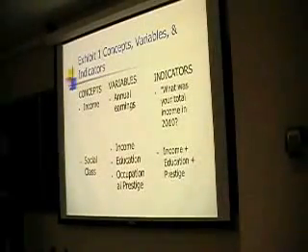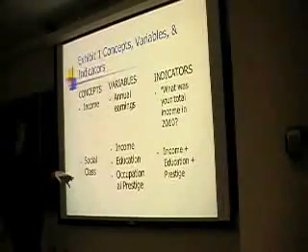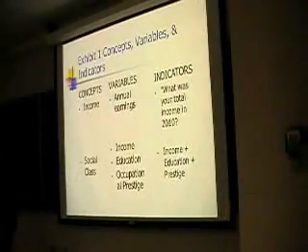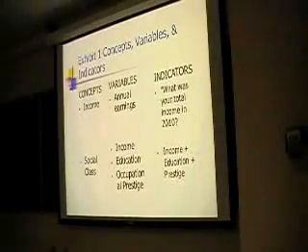That might be a variable that could be part of it. I'll see if anybody has anything else that might be important to have in there. Does that cover it?